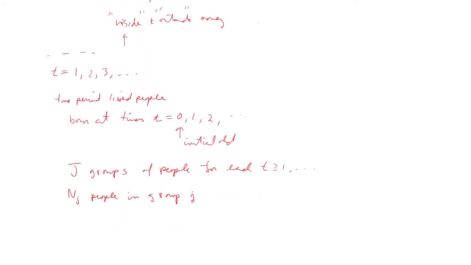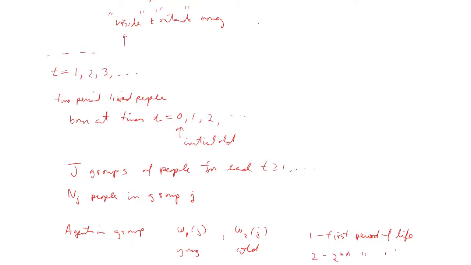Okay, so agents in group j, people in group j, they're endowed w_1^j when young, and they're endowed w_2^j when they're old. So the 1 here means 1 is first period of life, and 2 means the second period of life.